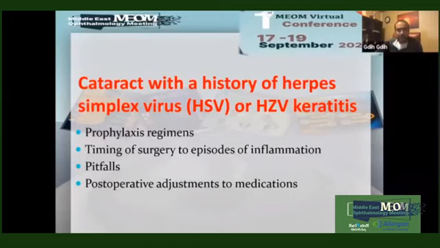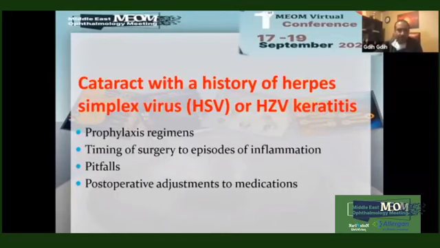If someone has an old scar that hasn't been active for years, during the procedure I do use VisionBlue for these patients, because staining the capsule for a good rhexis would be a good thing.